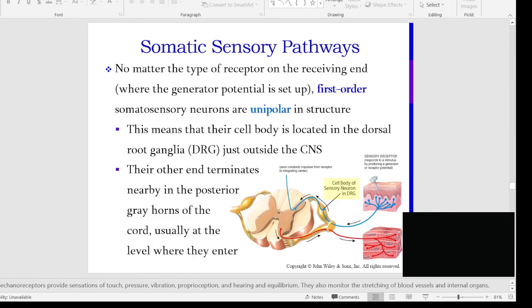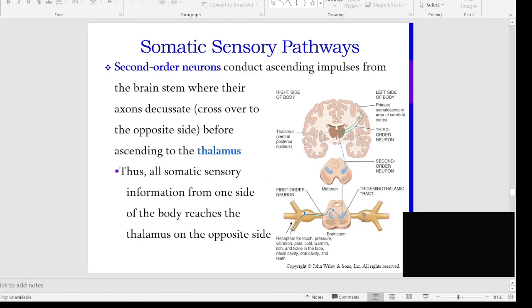The integration of your sensory pathway is in the cortex. Going back, this is the pathway class. Here you have the first order neuron, which enters through the preganglionic. From that level of the cord, it ascends toward the base of your brainstem, where the second order neuron is.